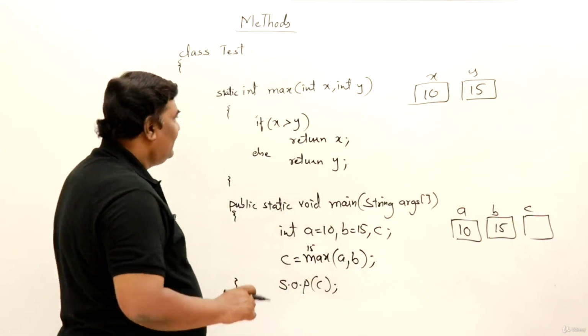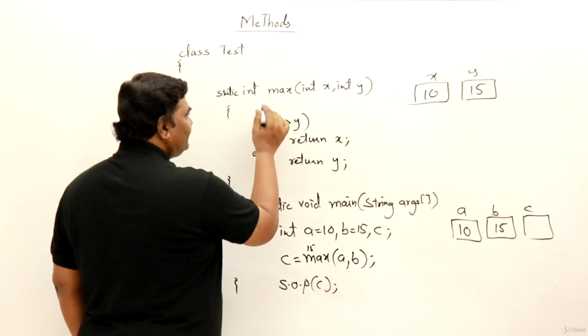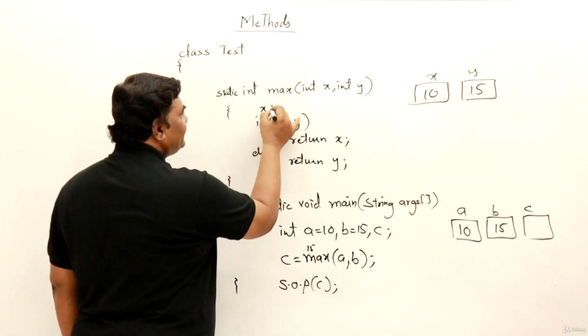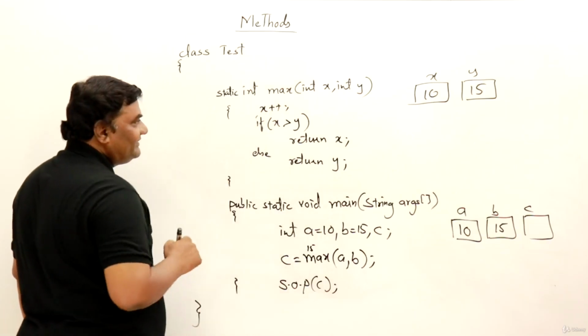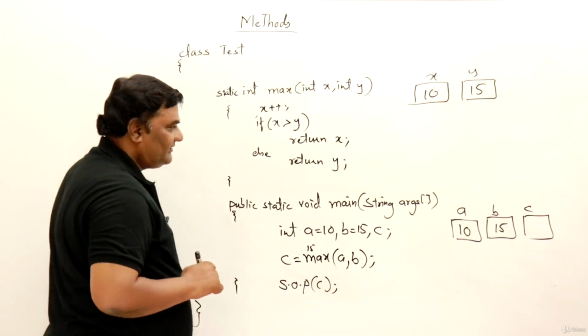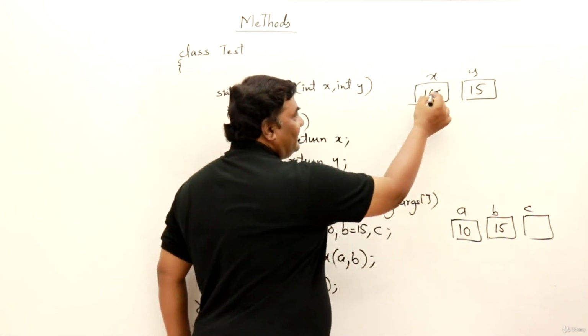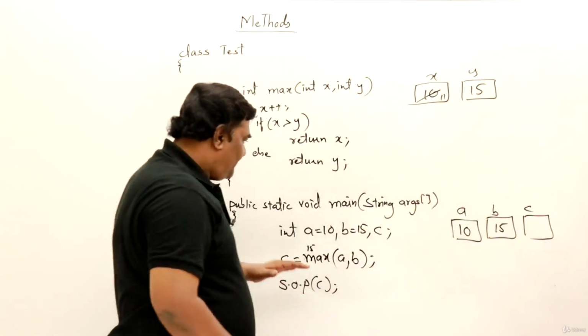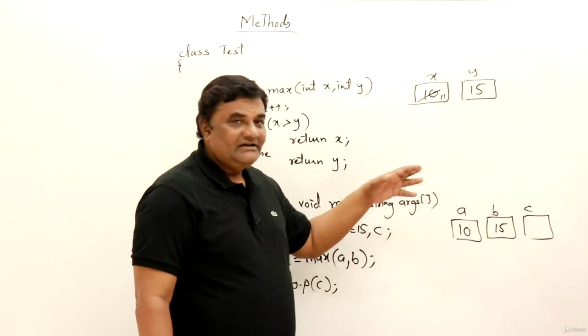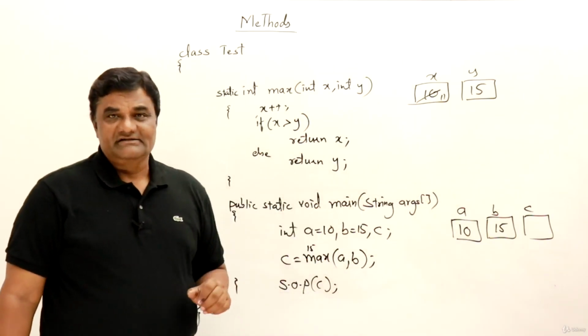Now one important thing. Suppose inside this method somewhere I make x plus plus, means I am modifying the value. Who will modify? This will modify or this will modify? This will modify. This will become 11. But the original value that we have passed from here remains as it is.